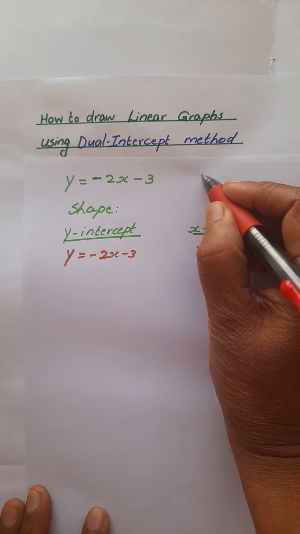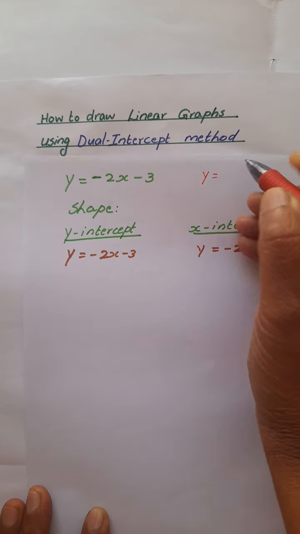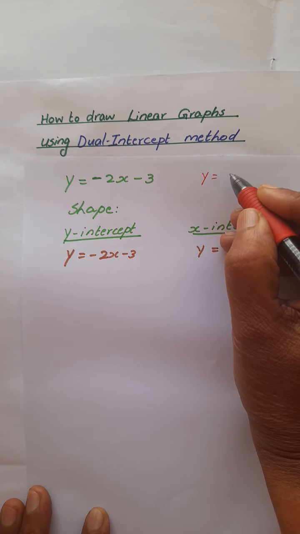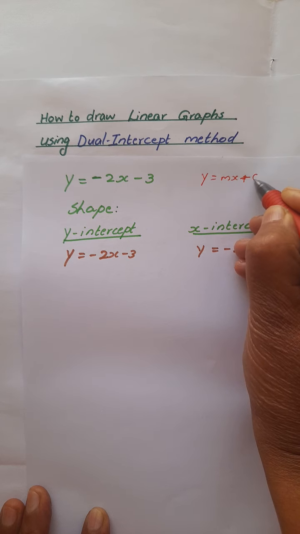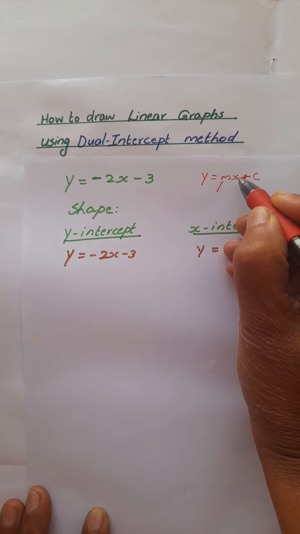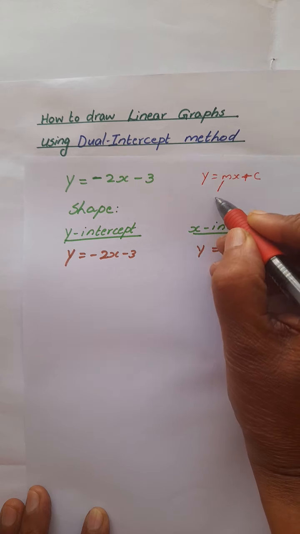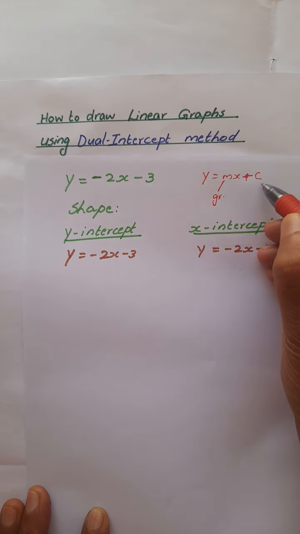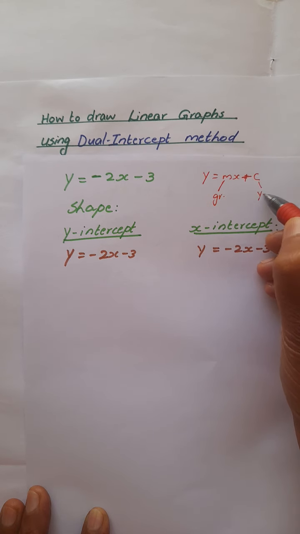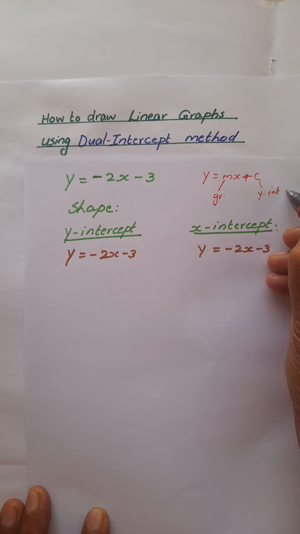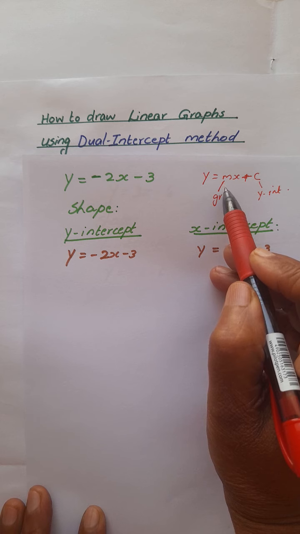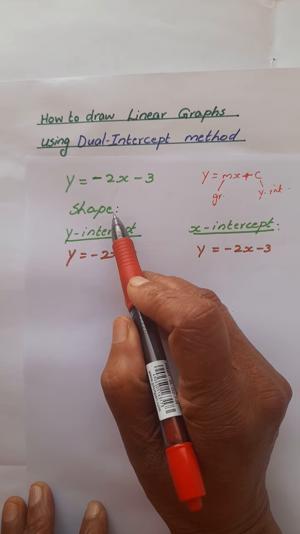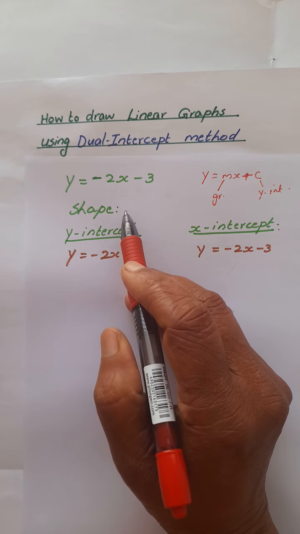Remember, in the previous video we talked about the standard form of a linear graph: y is equal to mx plus c. The coefficient of x, that is m, is the gradient, and c is the y-intercept. The gradient tells you the shape of the graph.